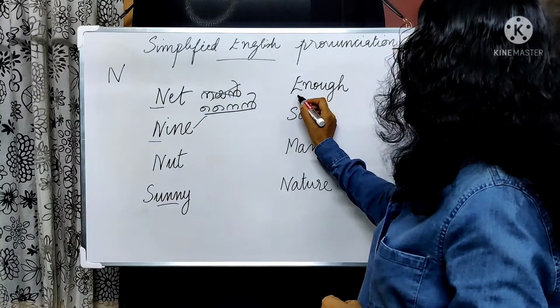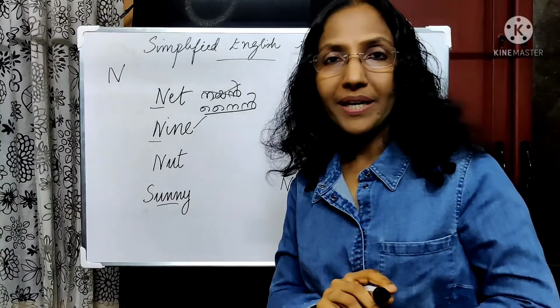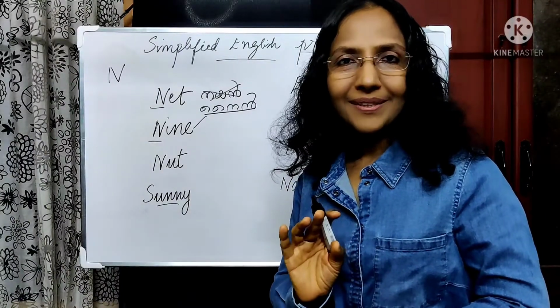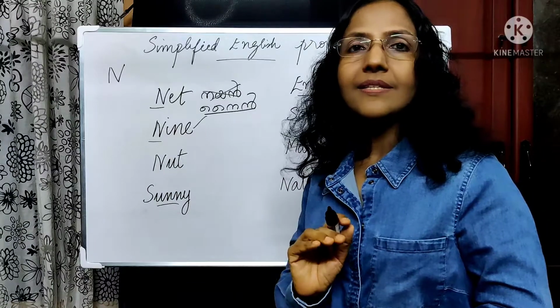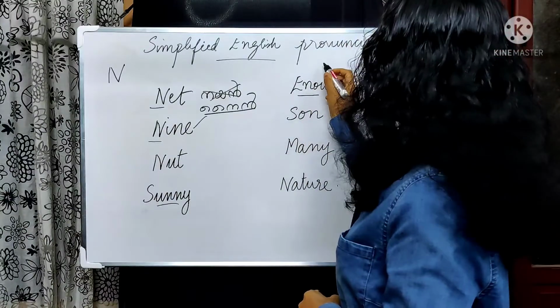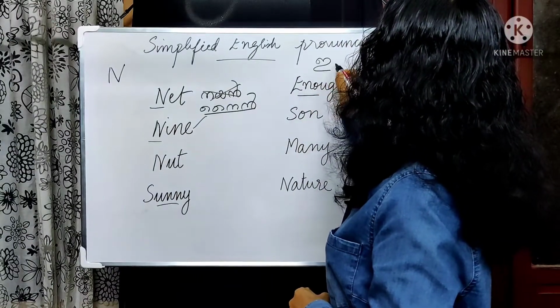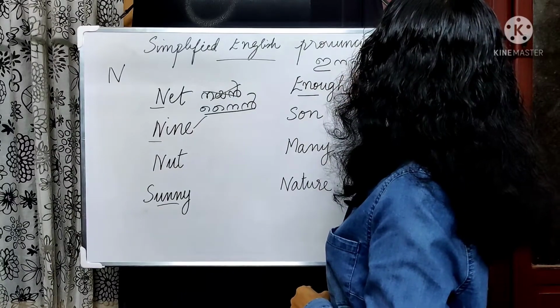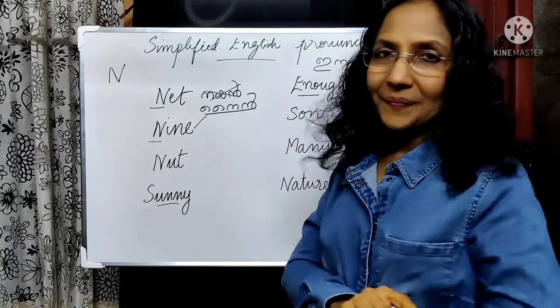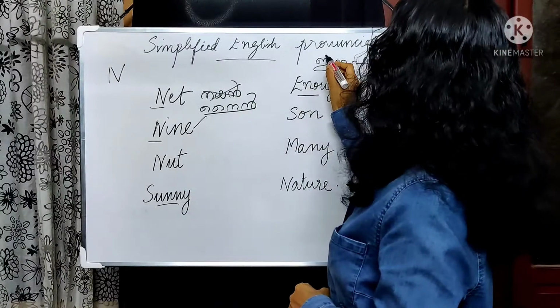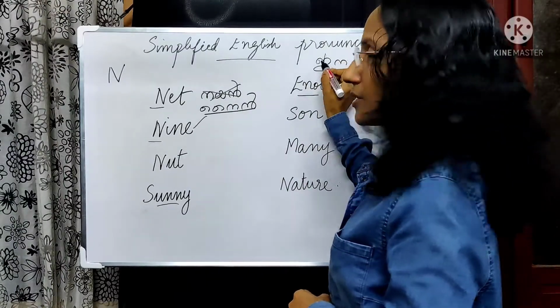Again, a tricky word. How do we pronounce it? It's enough. Okay. So we usually pronounce it like this, but this sound is only partially heard. It's not fully heard.